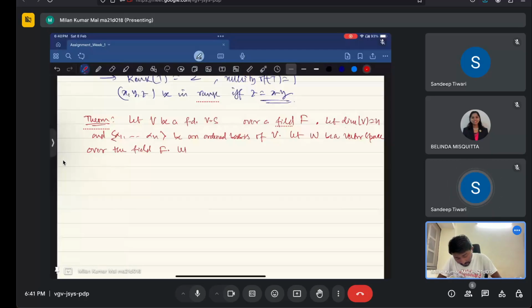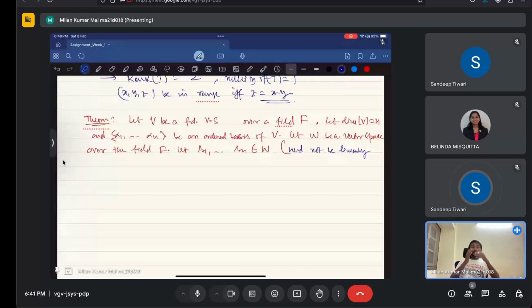Then there exists a unique linear transformation T from V to W such that T of alpha i is equal to beta i.